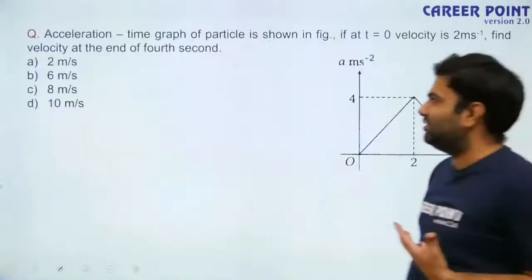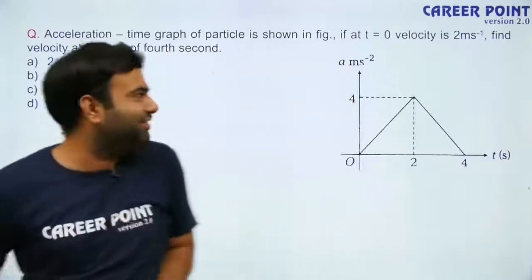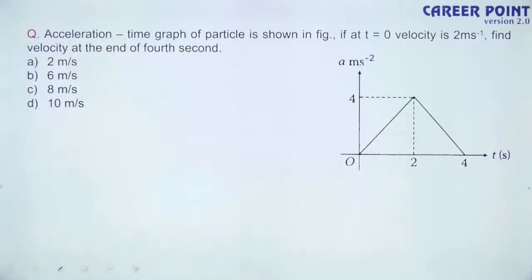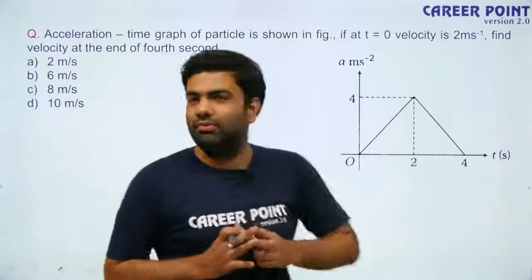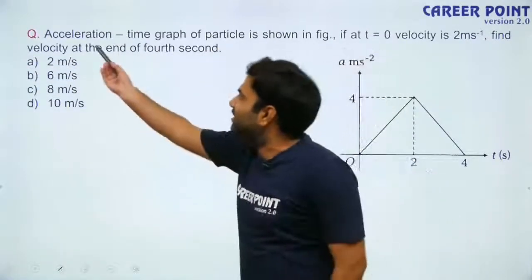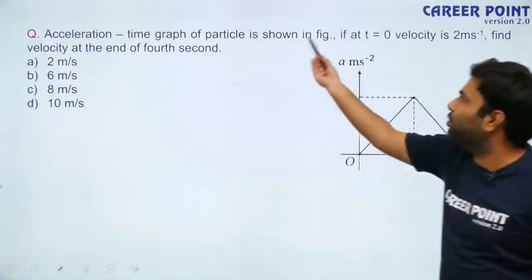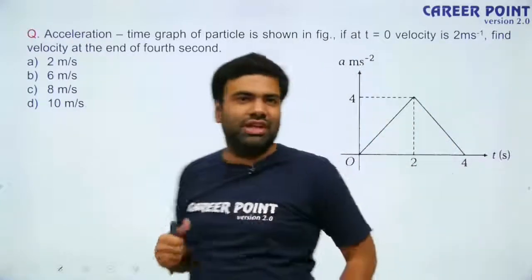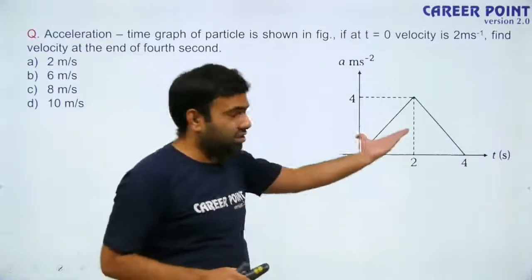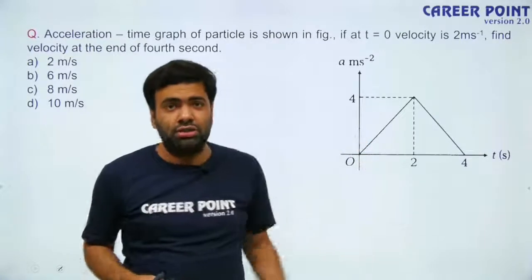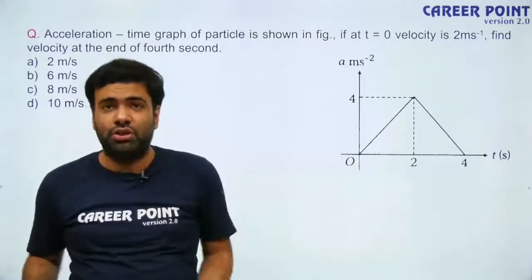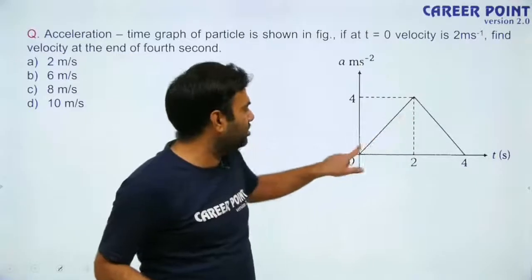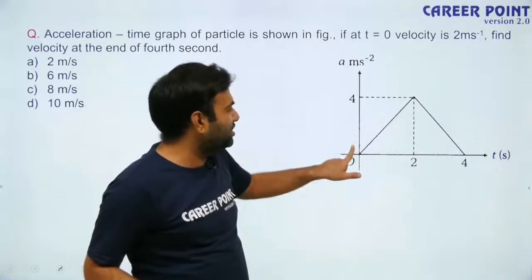So let's have a question to get complete understanding of this concept. You are going to solve this question. Answer this quickly. Acceleration time graph of a particle is shown in the figure. As you can see, the acceleration is not constant. Because acceleration is not constant, you cannot apply equations of motion. Initially acceleration is 0.